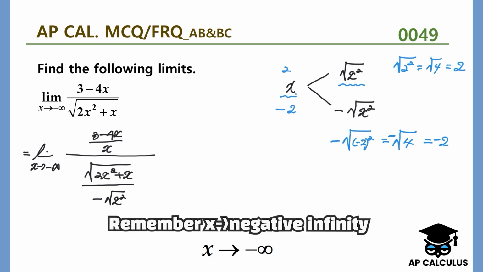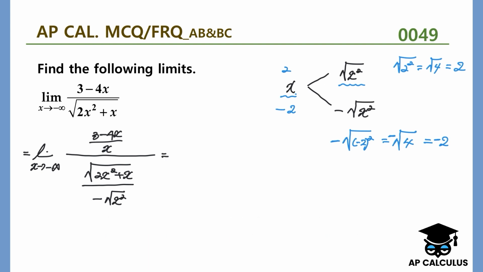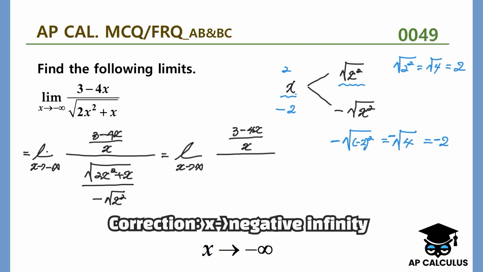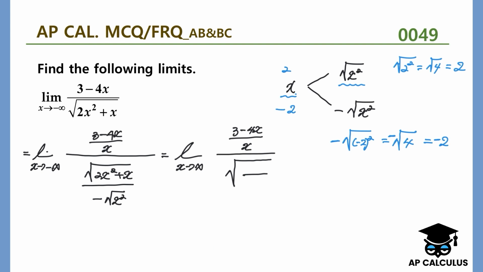Okay, so let's simplify this. So the limit, we're going to rewrite this expression. That's 3 minus 4x over x. Here we have the square root of 2x squared plus x over x squared, with a negative, right?